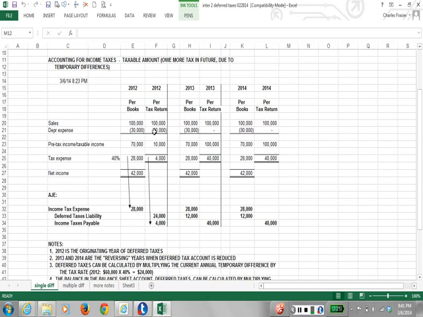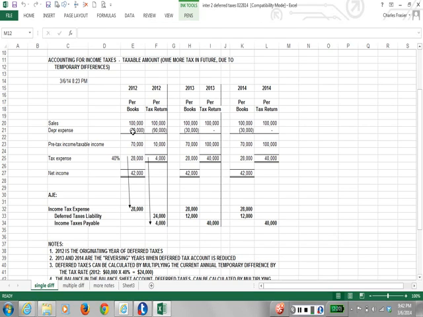For tax purposes, we will assume the company will elect Section 179, and that means they will expense the entire amount in year 1. So notice then in year 2, 2013, there is no depreciation for tax purposes, and then there's no depreciation for tax purposes in 2014.